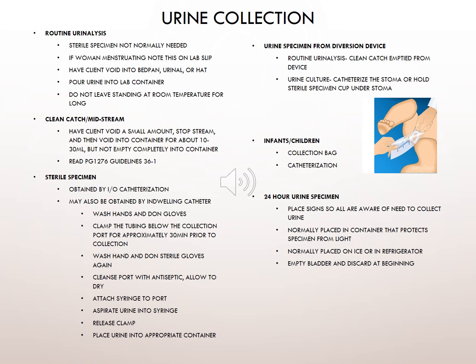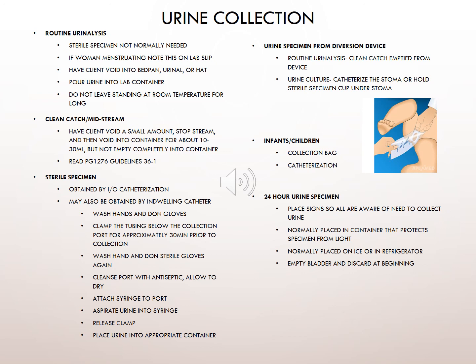If they have an indwelling catheter, we can still get a sterile specimen from that. What we need to do is clamp the tubing below the collection port, and we clamp that for about 30 minutes prior to collection. Then we can use a syringe, attach it to that port, and aspirate urine into the syringe.